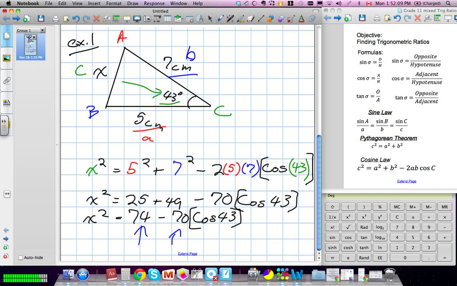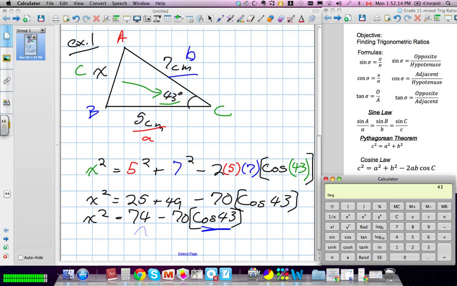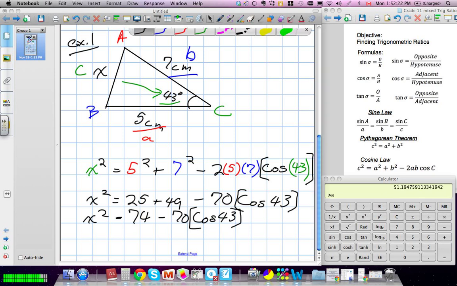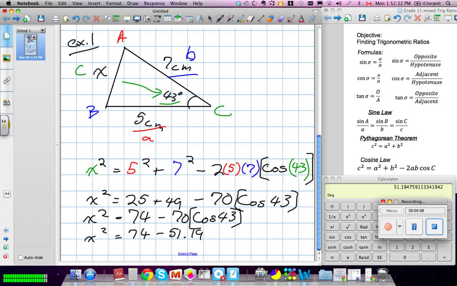Okay. So we're going to solve cos 43. I'm going to leave that number in my calculator, just multiply by that 70. So we have our number. So my next line will read x squared is equal to 74 minus 51.19, we'll say.